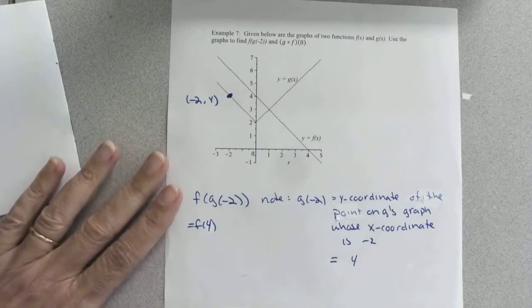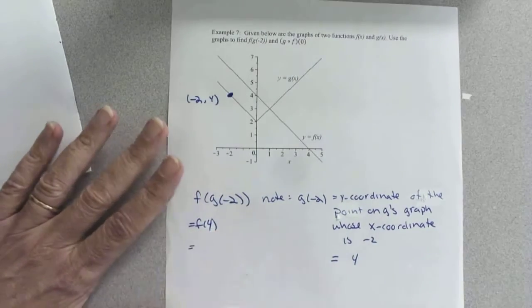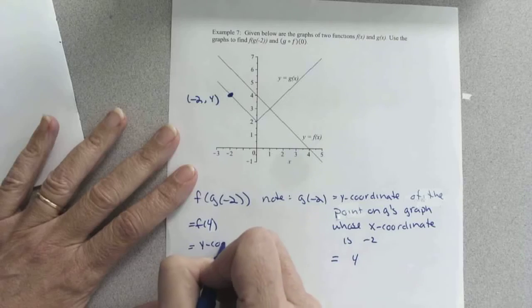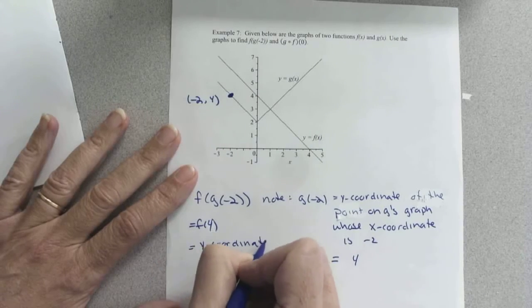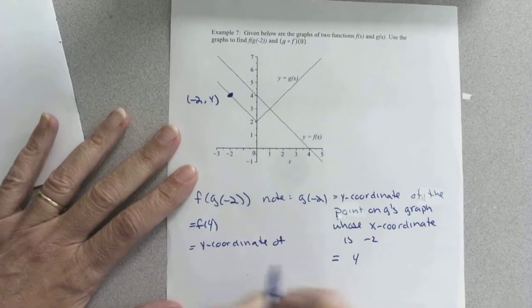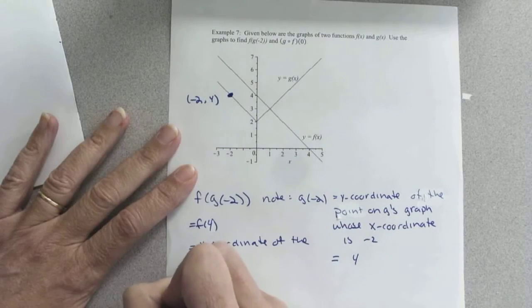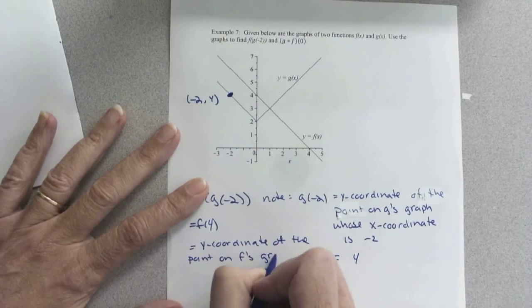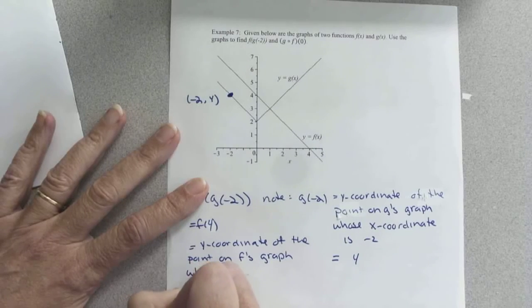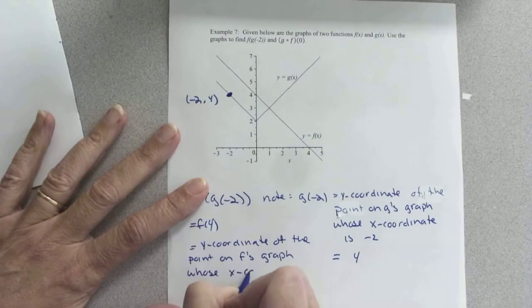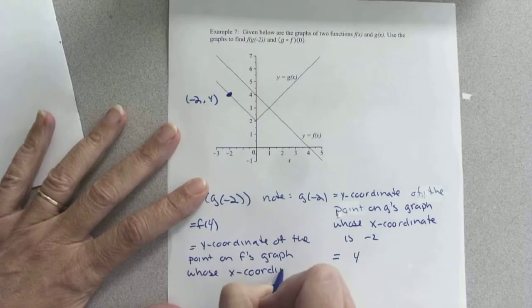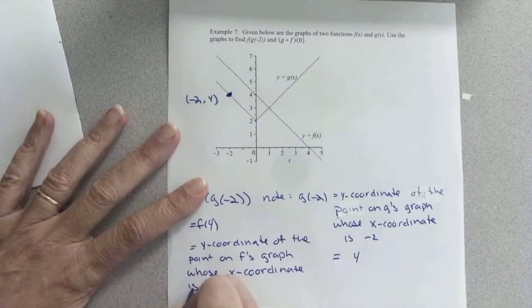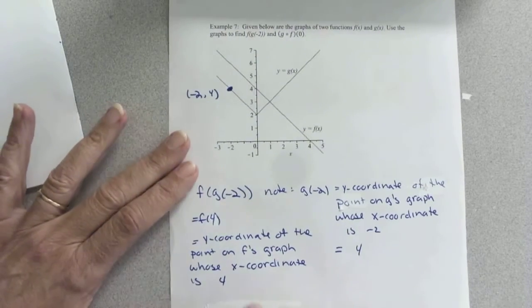Then doing the same thing over here, f of 4. This will be the y-coordinate of the point on f's graph whose x-coordinate is 4.